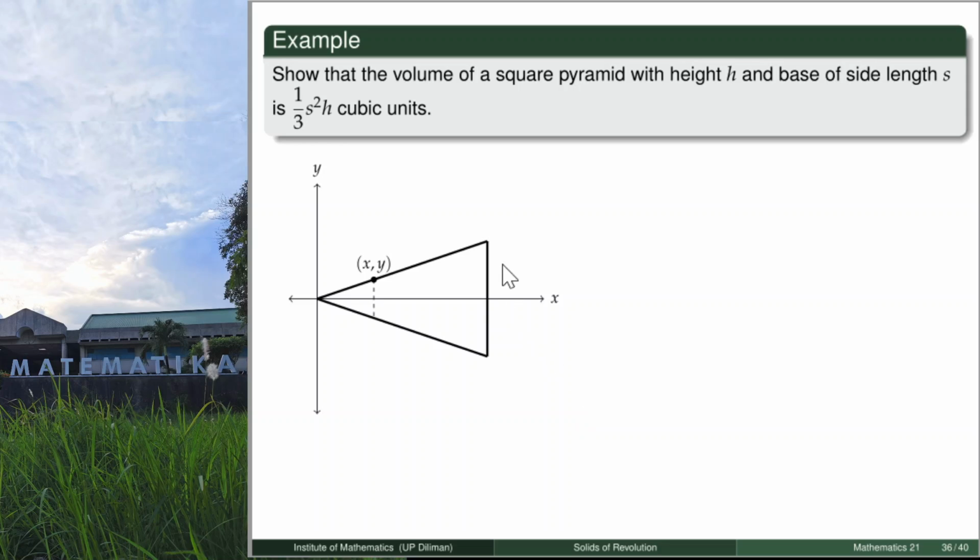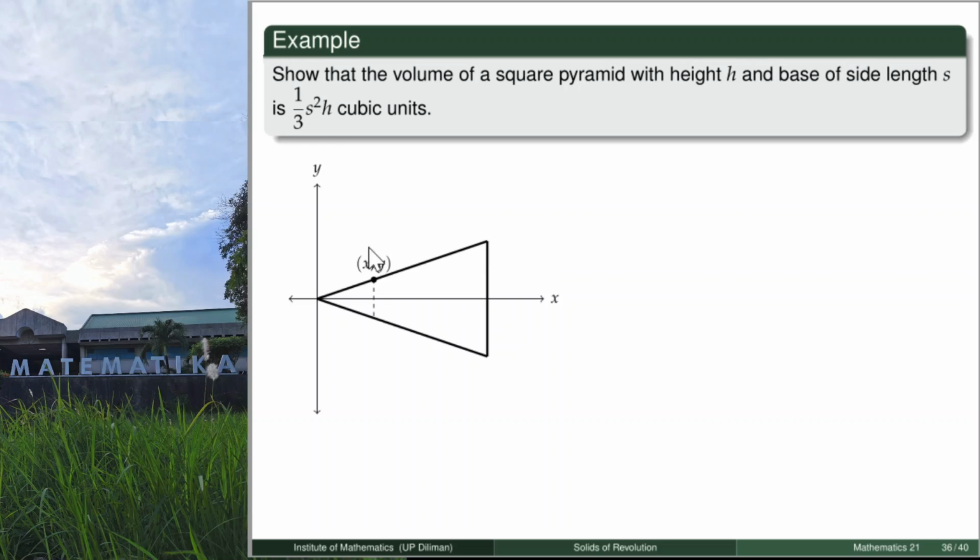Next, we need to know the interval. So that means we need to know what these points are, okay? So of course, this is the origin. So the question now is, what is this point, okay? So to know that, let's look at the given. So the pyramid has height h and base of side length s.